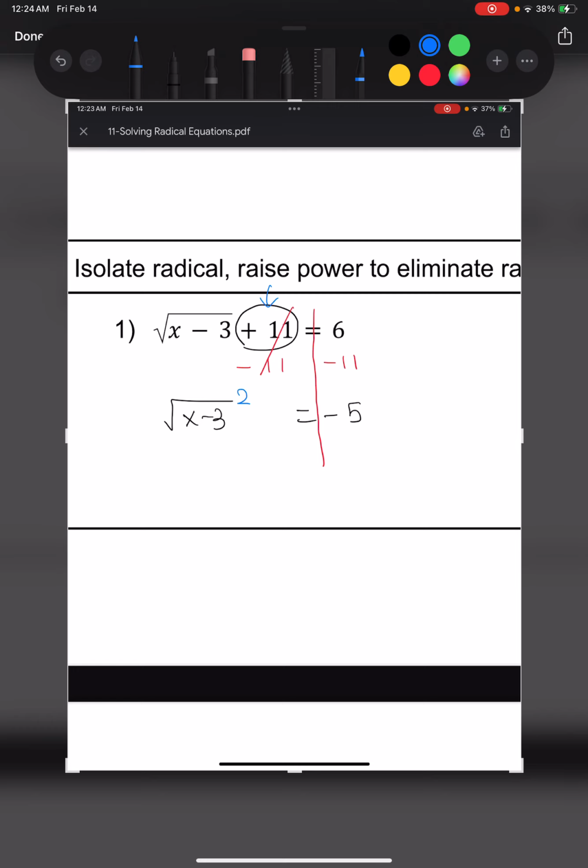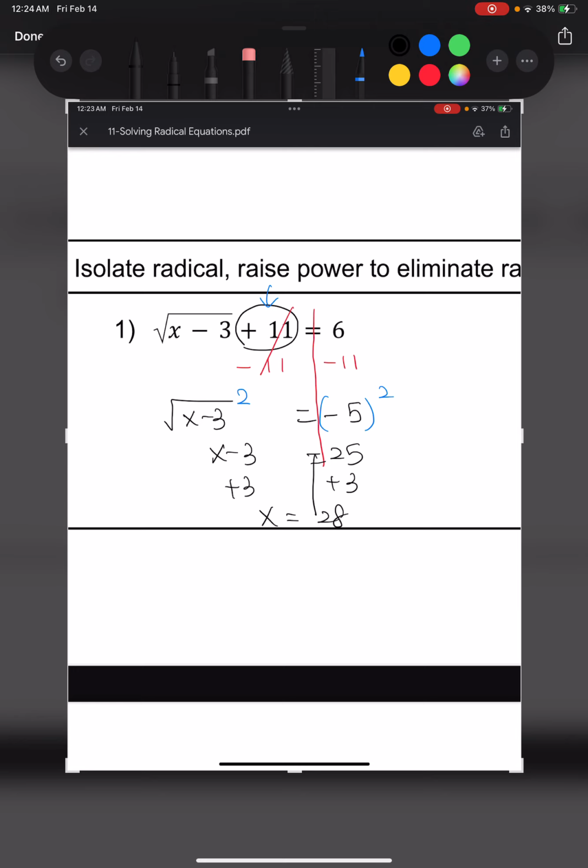So now I'm raising the power. Then you get 28. But actually 28 wouldn't really work as an answer.